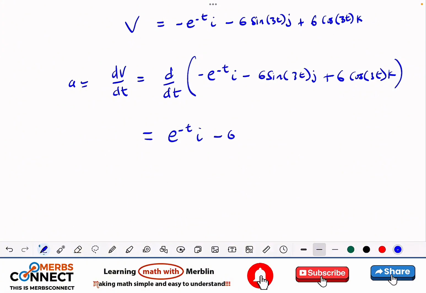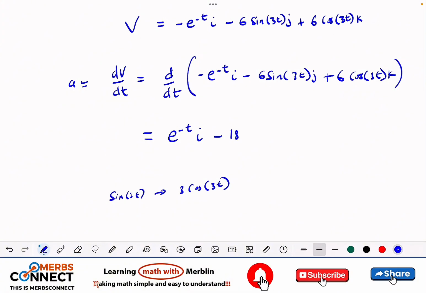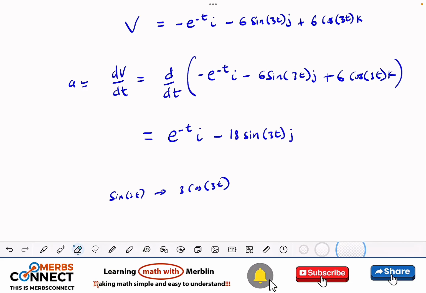Then minus 6. And when I differentiate this, sine 3t is going to give us 3 cos 3t, right? So when I multiply the 3 to the 6, I'm going to have 18 cos 3t j. Let's look at the last one, which is cos.